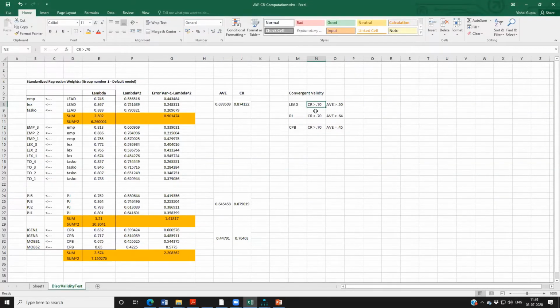If both of them cross 0.70, just like here, then you can say that there is convergent validity, even if AVE is not greater than 0.50. That is okay. You can just go ahead and report composite reliability and say that we are getting good results for the scales that we are using.